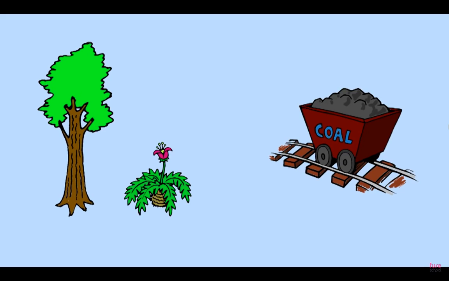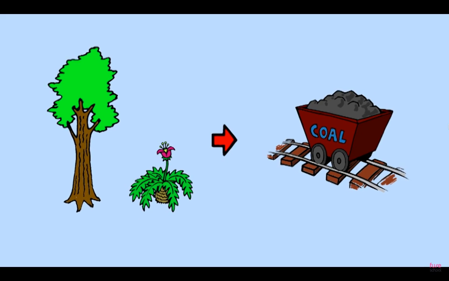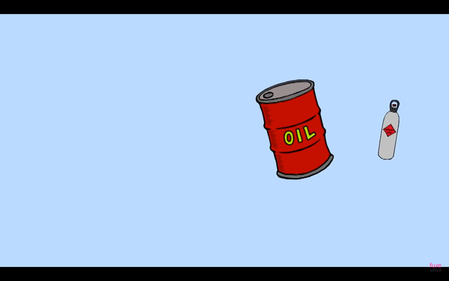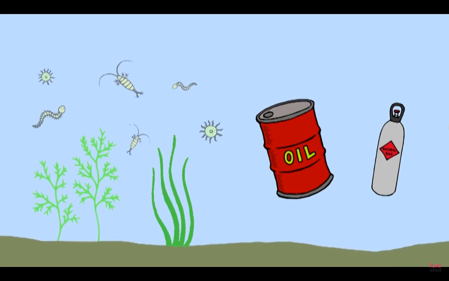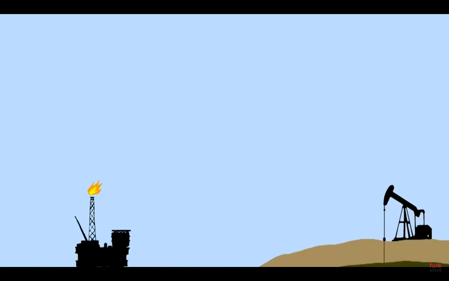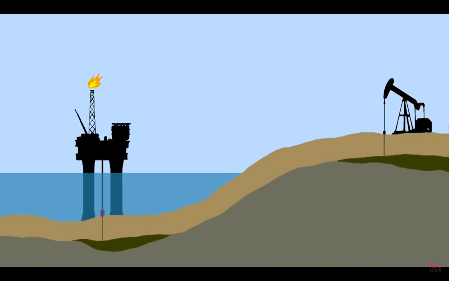Coal was made mainly from trees and other plants, whereas oil and natural gas were formed from organisms living in fresh water, including plants and plankton. These fossilised remains were changed by the high pressures and temperatures under the earth to form the fuels we search for and dig up today.